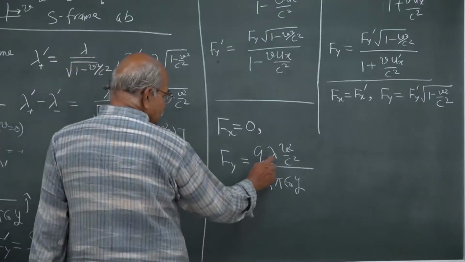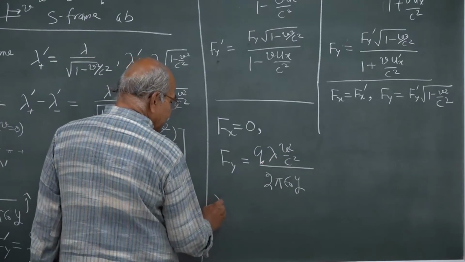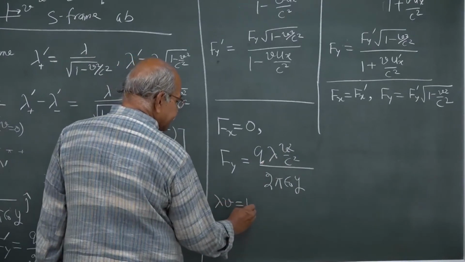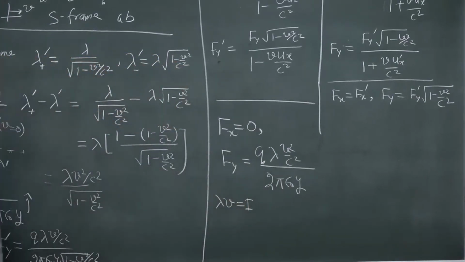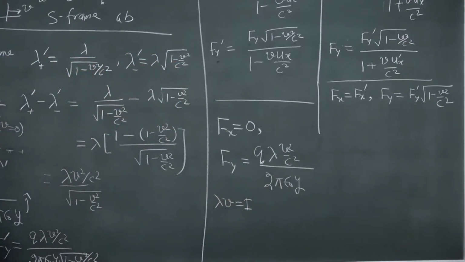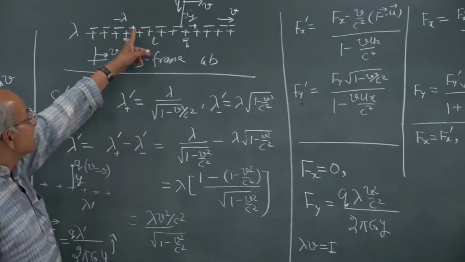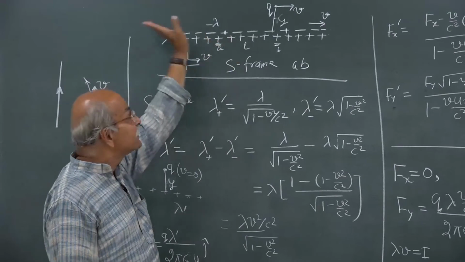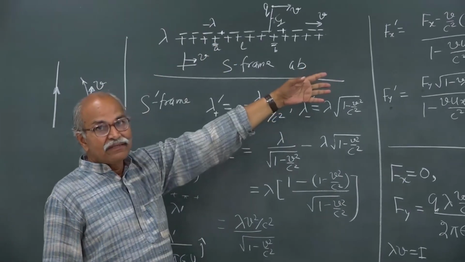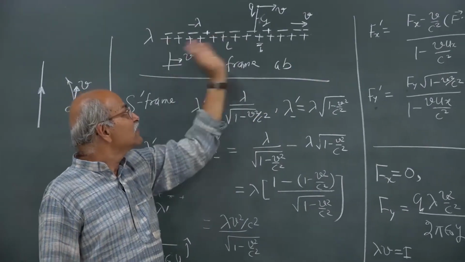So, you can write this lambda into v as I. There is a current, the positive charge line is at rest, but the negative charge line is moving. The linear charge density is lambda and the velocity is v.